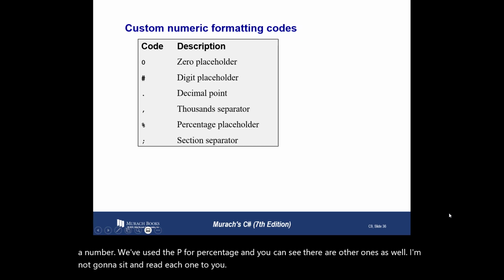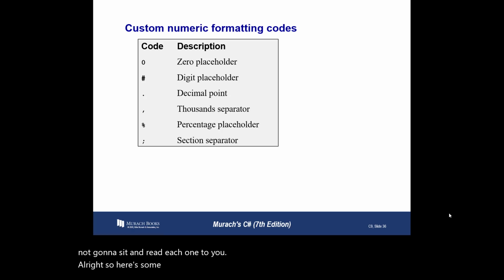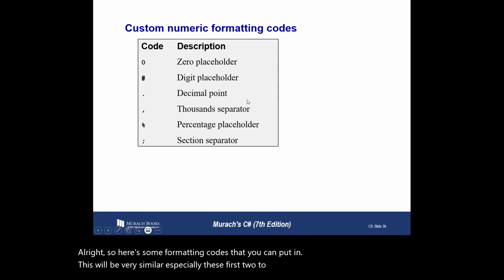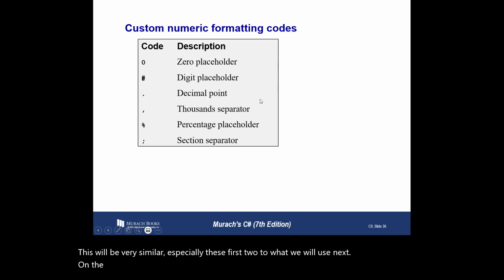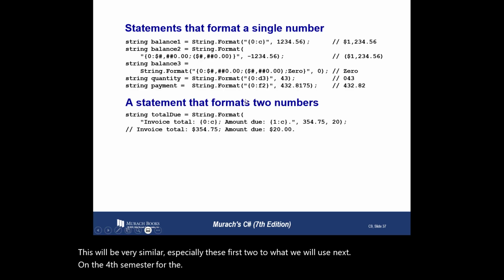So here's some formatting codes that you can put in. This will be very similar, especially these first two, to what we will use next, well, in the 4th semester for the Java class. Okay, and here's some examples.